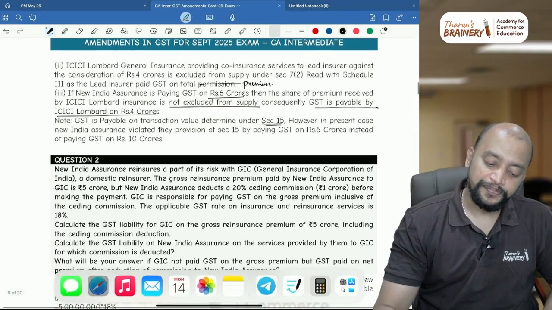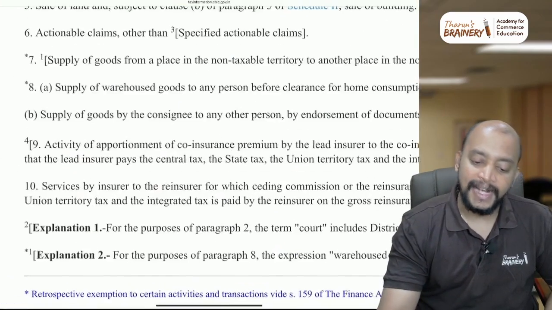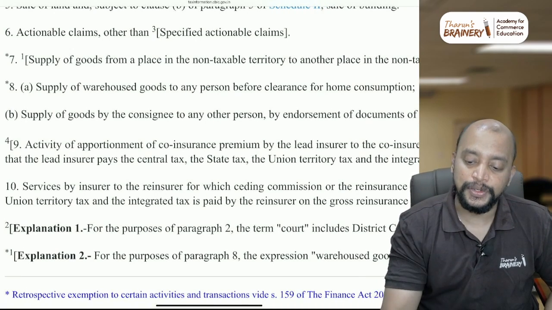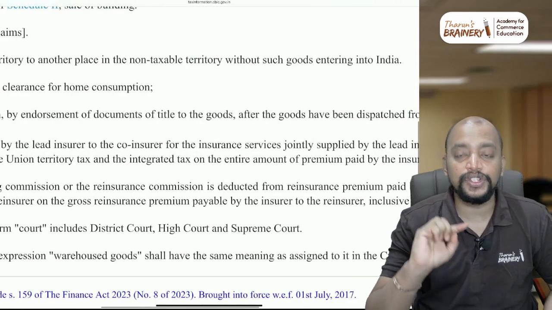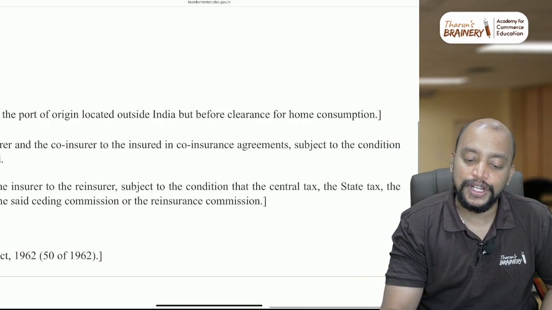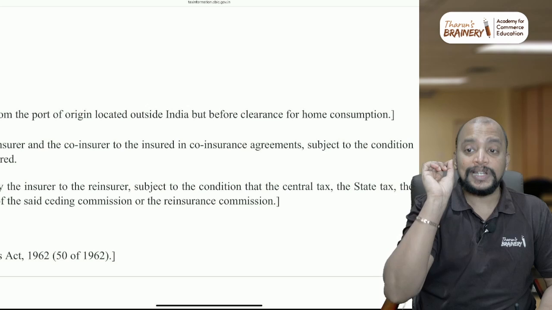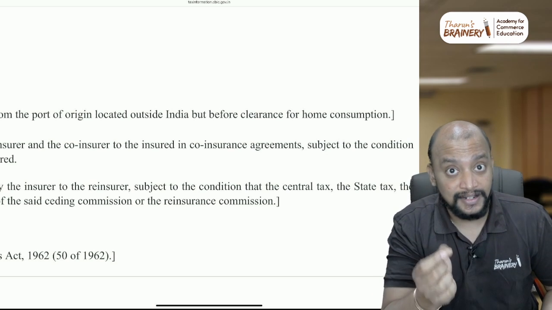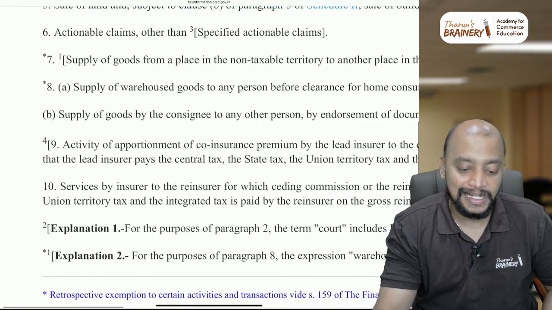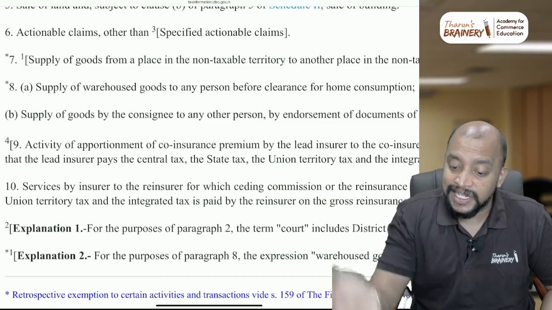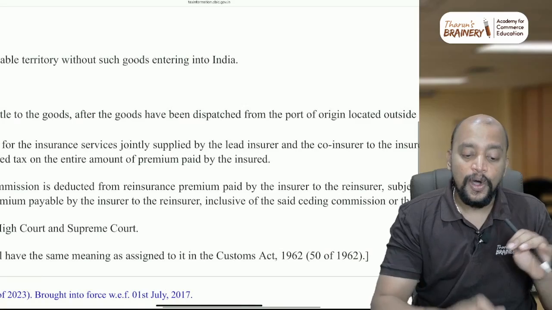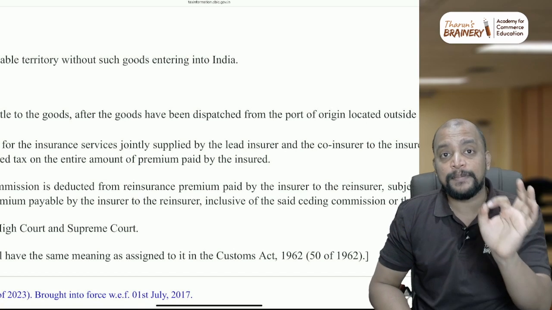So look into the Act also. The activity of apportionment of co-insurance premium by the lead insurer to the co-insurer for the insurance service jointly supplied by the lead insurer and the co-insurer to the insured in co-insurance agreements, subject to the condition that the lead insurer will pay GST, as the case may be, CGST, SGST, UTGST or IGST, on the entire amount of premium paid by the insured.